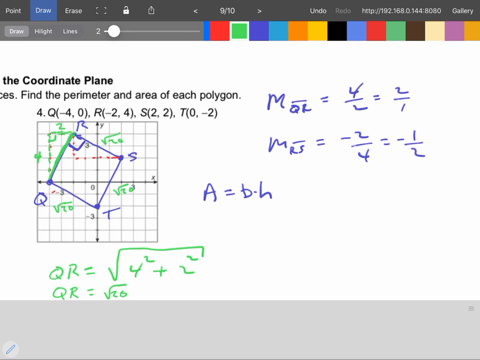So that means if we're going to do the base times the height, again, the base and the height have to form a right angle. We're just going to do the square root of 20 times the square root of 20. So we get an area of, well, if you do this, a square root times itself, or if you want to write it this way, it's the square root of 20 squared.